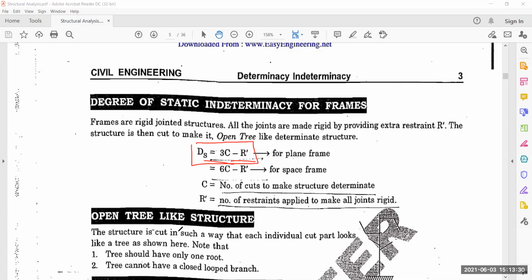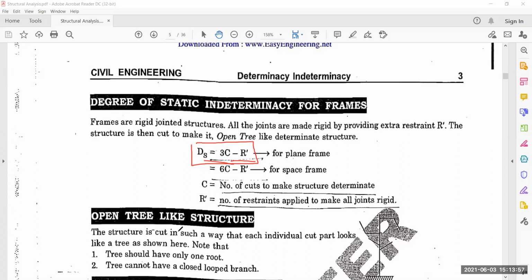After that, we will count the number of cuts. C is equal to the number of cuts, and R dash is the number of restraints required to make it rigid. After that, we put DS is equal to 3C minus R dash.